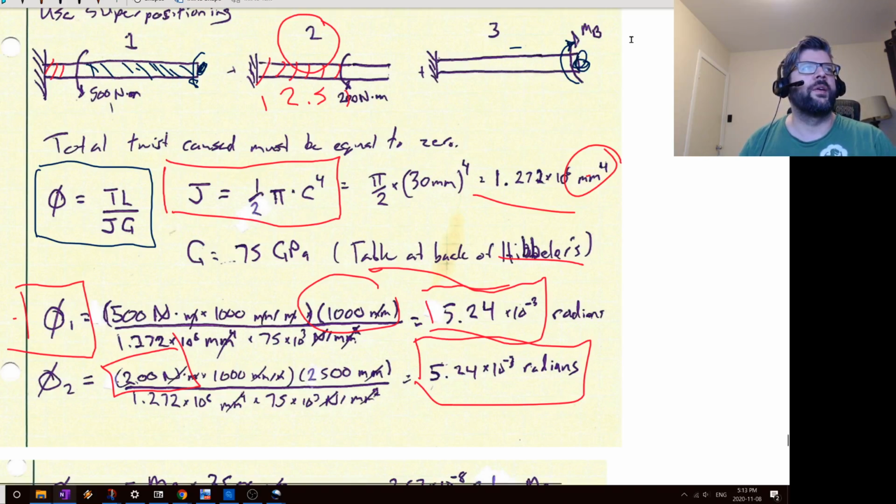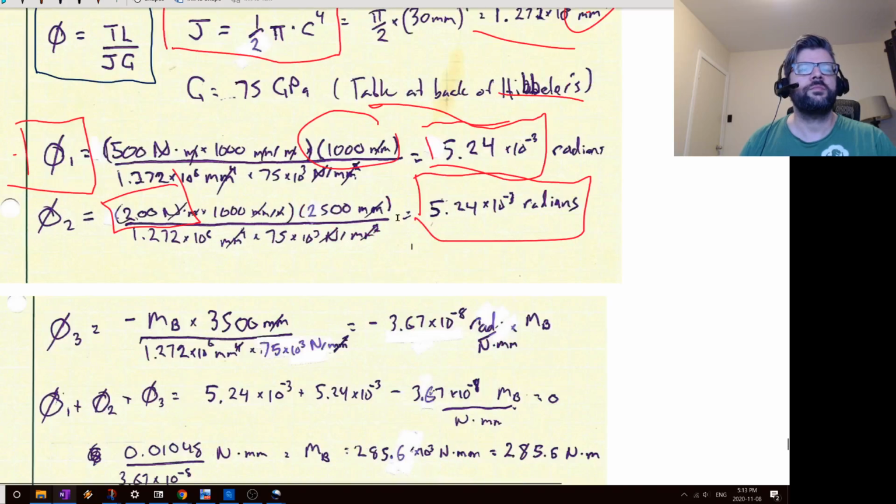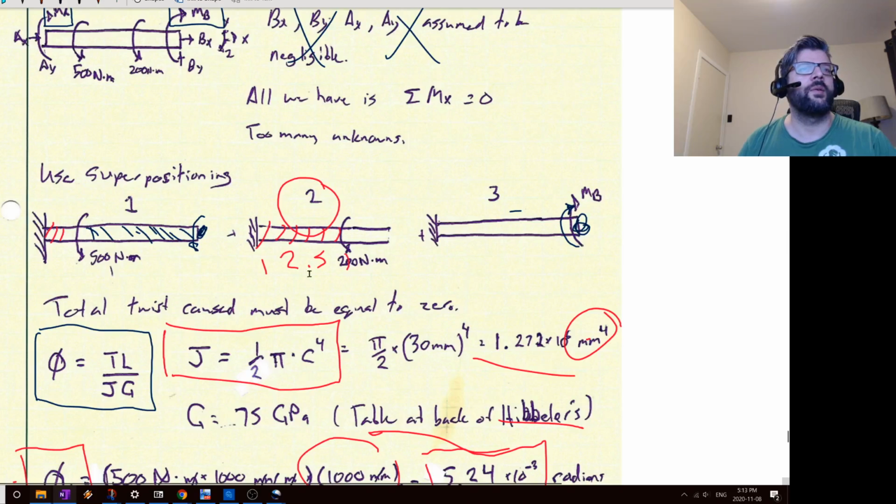And then for scenario 3, our torque is the opposite. So again, both of these, based upon our sign convention, are going to be applying positive twists, because if we stick our thumb out in that direction, curl our fingers around, then it's going to be pointed in the same direction as the torque.